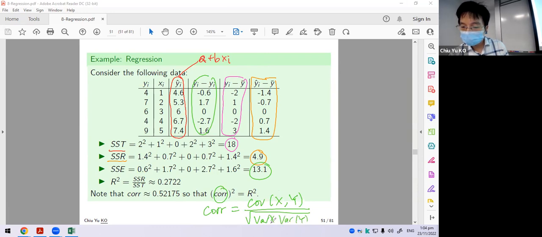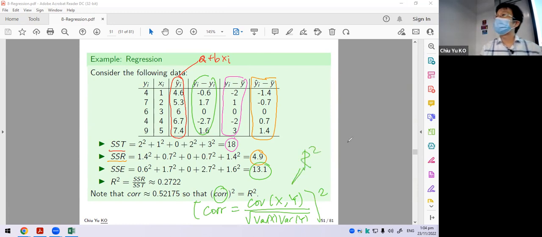It turns out in our simple linear regression, if you take the square of this, it's exactly R-square. So that's why in some books they refer to it as small r. Anyway, that is the idea of R-square.